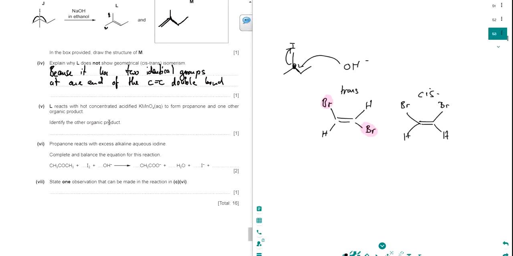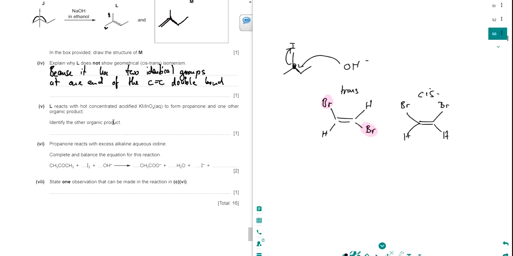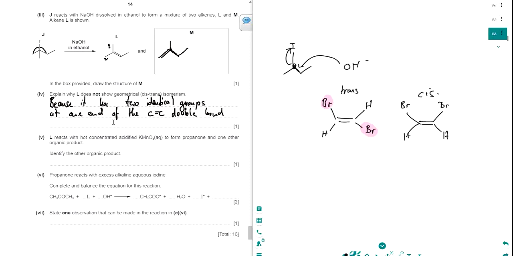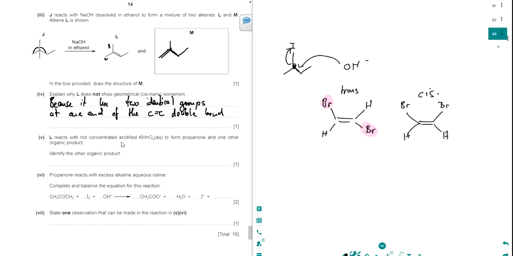Propanone and the other product. That should be the acetic acid.